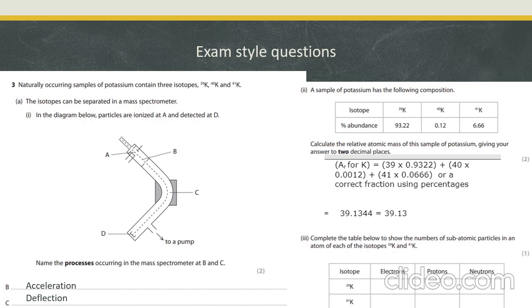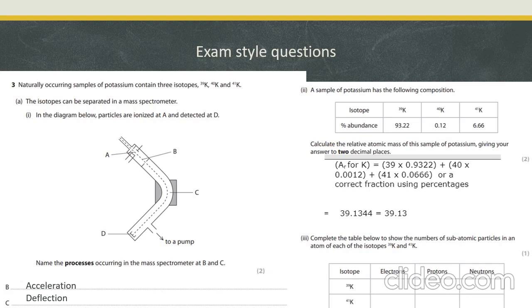Now, complete the table below to show the number of subatomic particles in an atom of each isotope, K39 and K41. It has a mass number of 39, and you do have to look at the periodic table. So K, potassium.